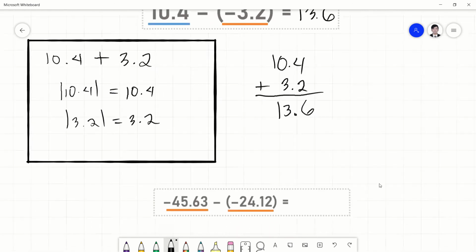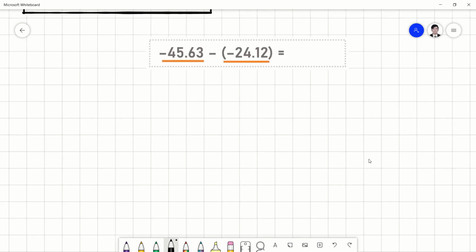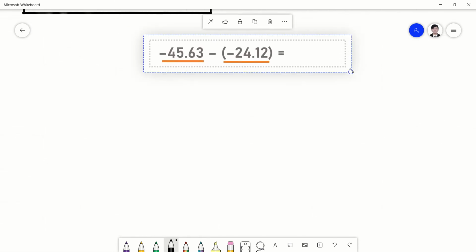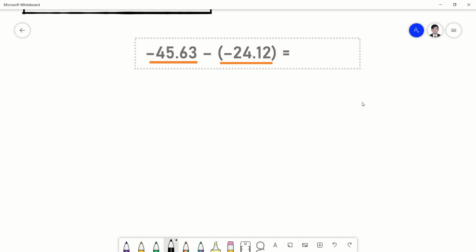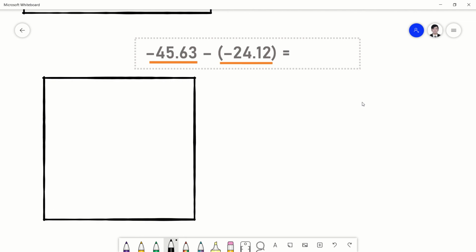Let's try another example. For this one, we have here negative 45.63 minus negative 24.12. So I'll make a box so that you will not be confused. So we'll make an area for scratch here.